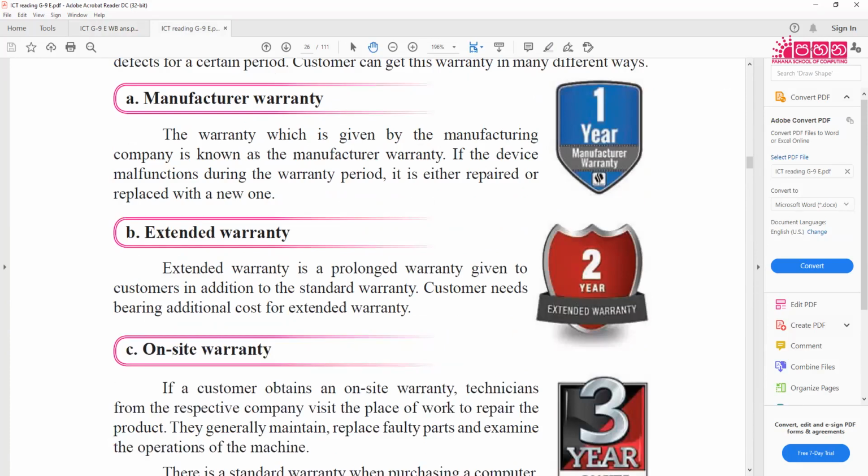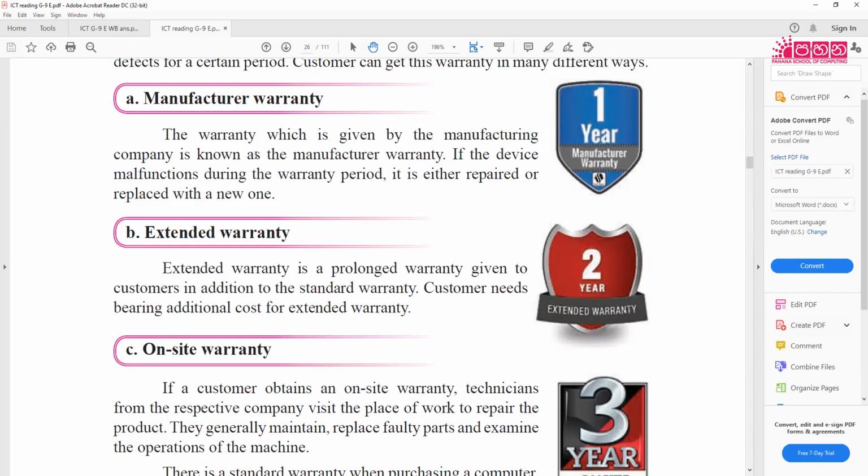That means those who actually manufacture your machine give you a warranty in case of a failure, they will either get it repaired or replace it with a new one. Sometimes the time given by the manufacturer is about 1 year. And if you need more than 1 year, then you have to go for an extended warranty, which means you pay and extend the warranty for 2 years. So you have to spend some money on that.